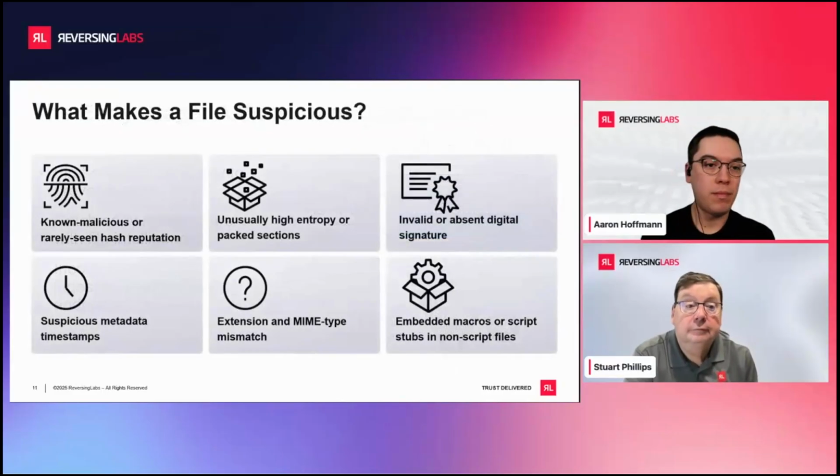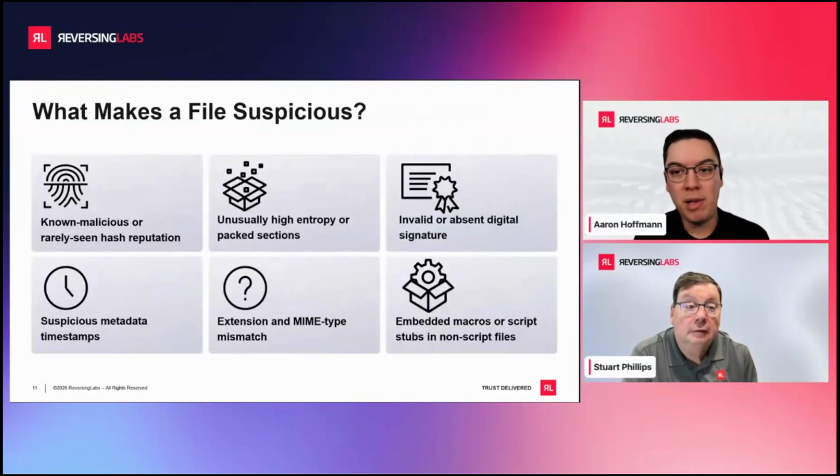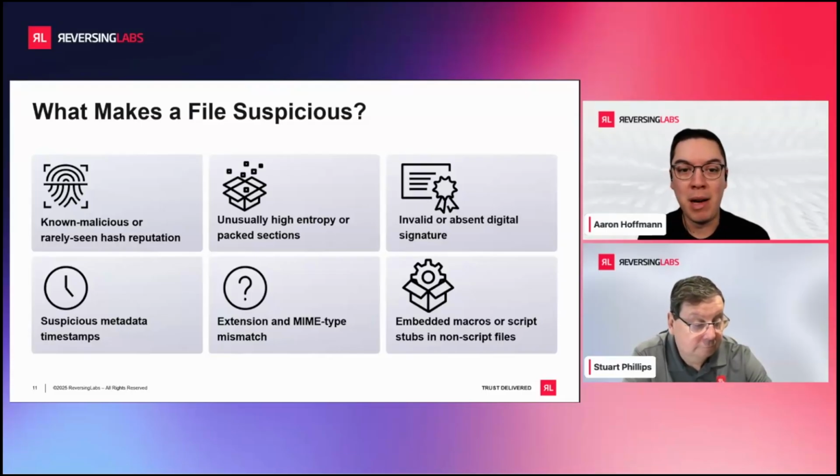Thank you. So why don't you tell me what makes a file suspicious? So there are typically several different behaviors or attributes that a file could be considered suspicious. These are just some of the typical things that we might see, especially when you're thinking about it from a SOC analyst perspective, right?